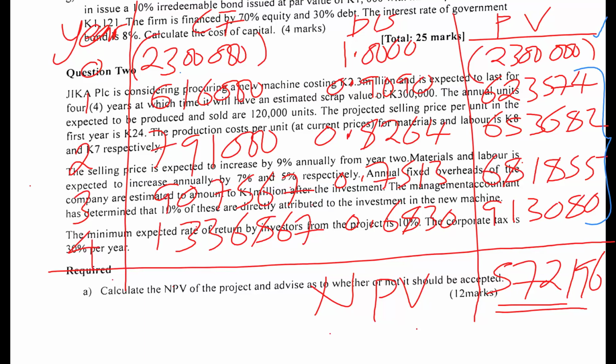But if it's negative, you don't invest because the cash outflow is higher than the cash inflow. That is to say, what you spend is much more than what you receive from the project. But if it is zero, you know what it means. Anyways, this is about the NPV. Remember, positive NPV, accept the project, negative don't.